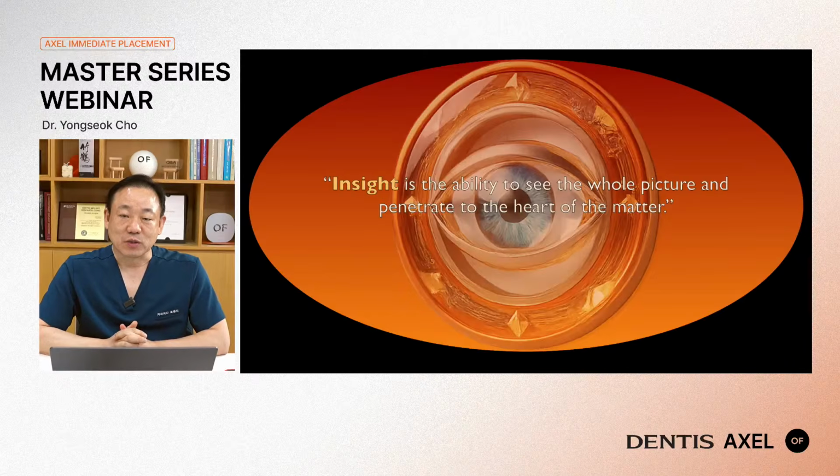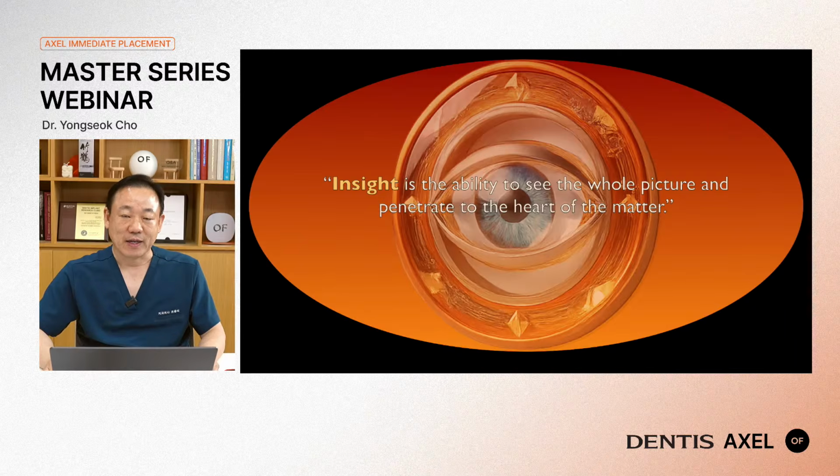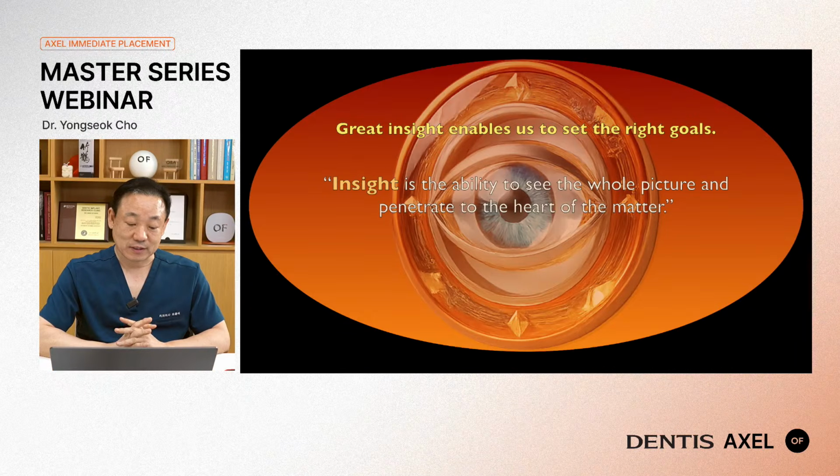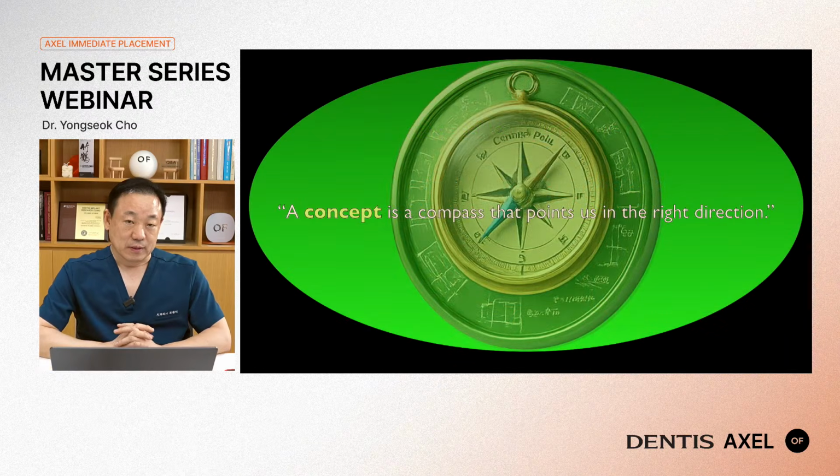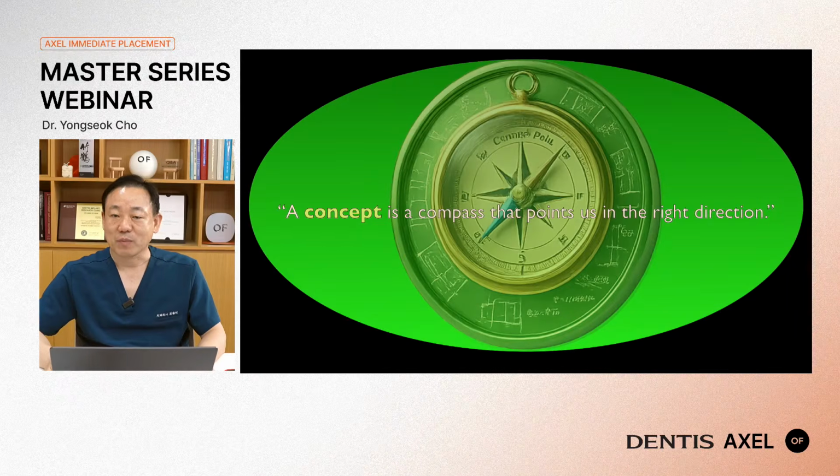Insight is the ability to see the whole picture and penetrate to the heart of the matter. Great insight enables us to set the right goals. A concept is a compass that points us in the right direction.